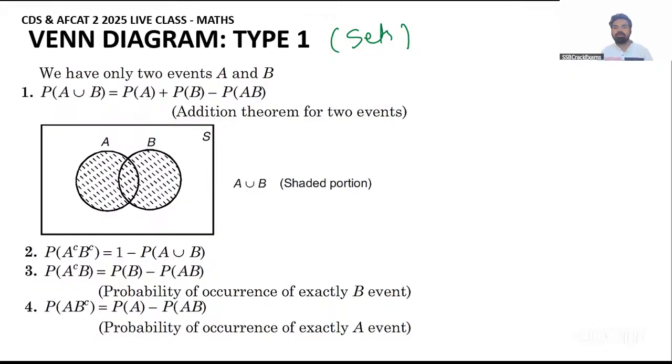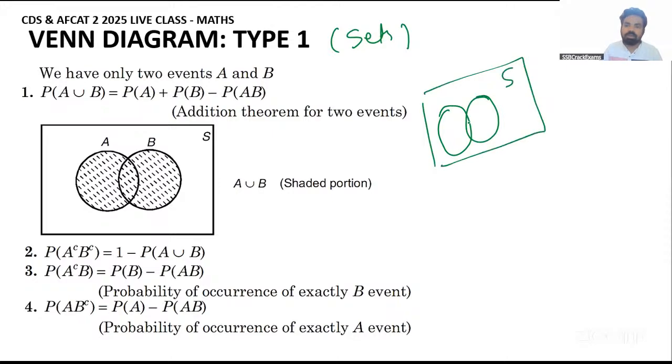So Venn diagram is, suppose this is an event A, this is an event B, then we can represent them by a diagram, and this is the sample space S. Then we can represent the events' probability as a diagram.